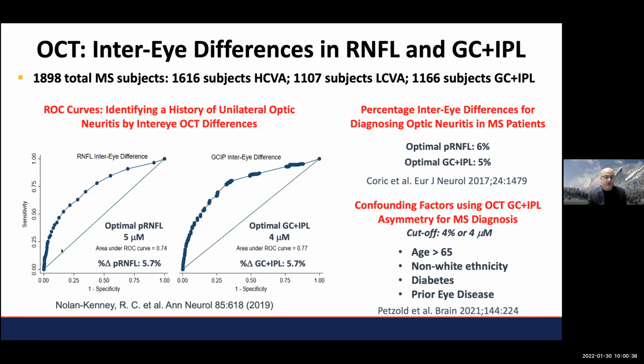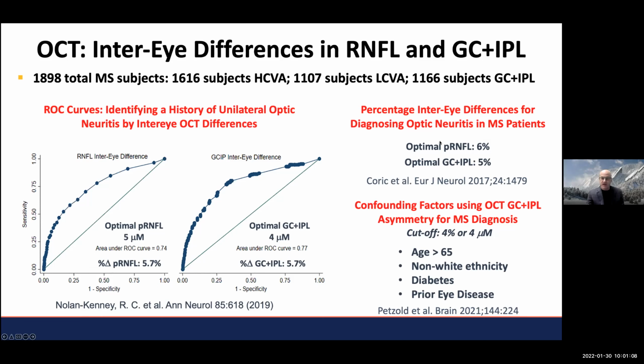This correlated with a 5.7% decrease in peripapillary retinal nerve fiber layer thickness, or a 5.7% decrease in ganglion cell interplexiform layer thickness. And these differences correlated with different functional high contrast and low contrast acuity in the thinner eye. This correlated quite well with earlier, smaller analyses showing that a similar percentage inter-eye difference could diagnose prior optic neuritis in MS patients.